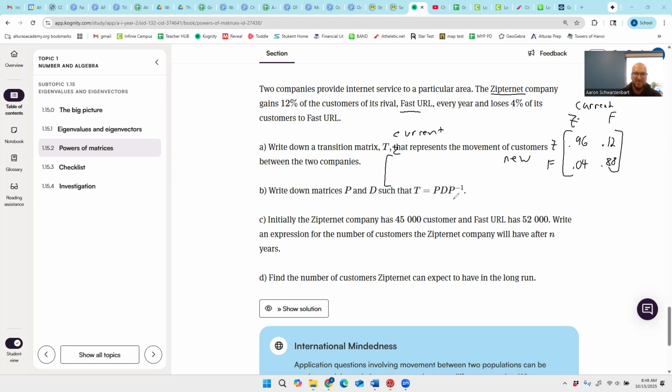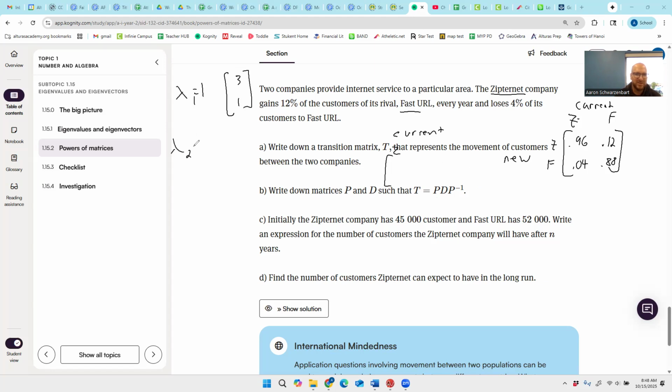So write it down in PDP inverse form. I'm just going to tell you what it is. Not that they gave P inverse in the answer key. So for P, you get an eigenvalue of 1 with a corresponding eigenvector of 3, 1.